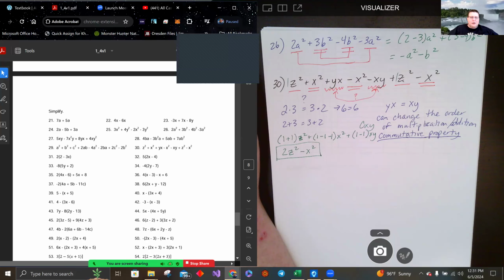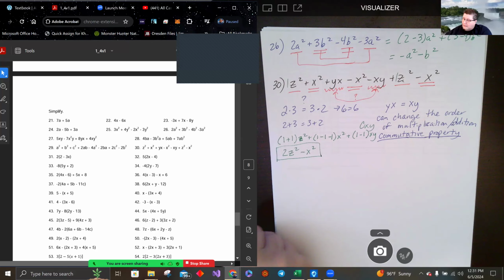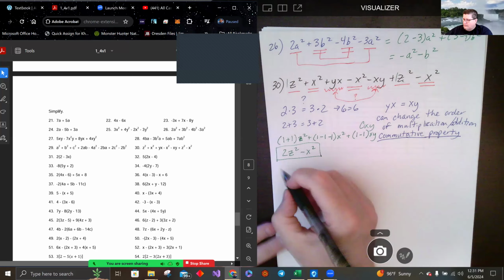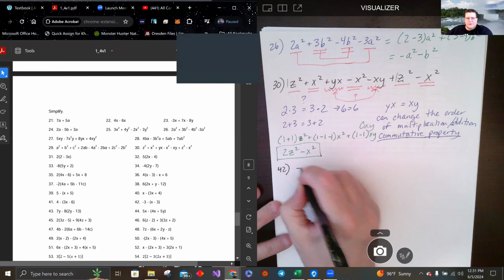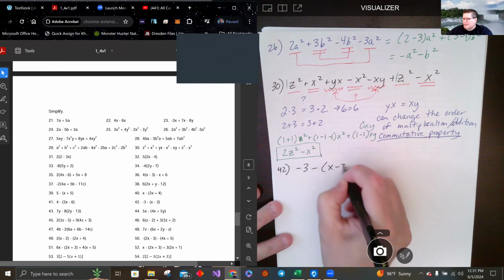Things to pay attention for. Let's take a look at 42. Negative 3 minus parentheses x minus 3.